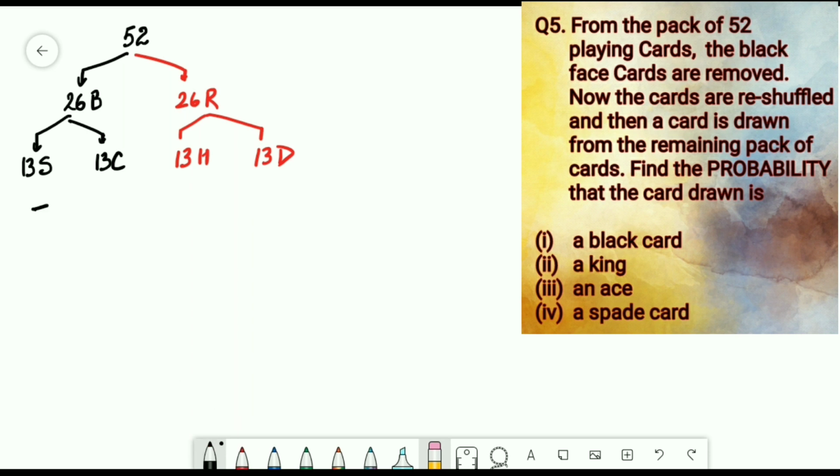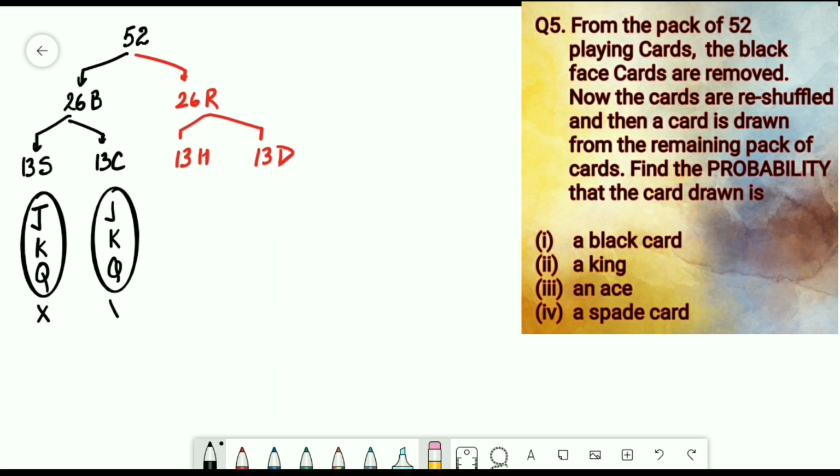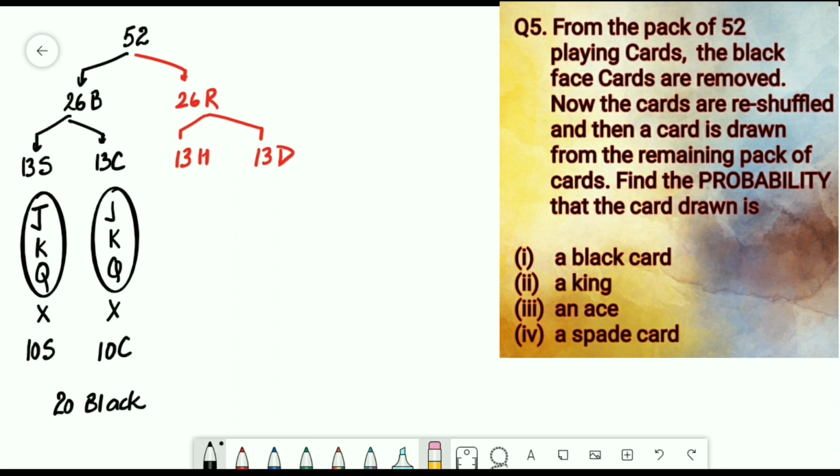We have removed jack, king and queen from spade and jack, king and queen from club. So after removing these 3 cards, now we have 10 spades and 10 clubs, and only 20 black cards are remaining. But there is no change in the case of red cards. So we have removed 6 cards, so we have to subtract 6 from here. Now you have a total of 46 cards.